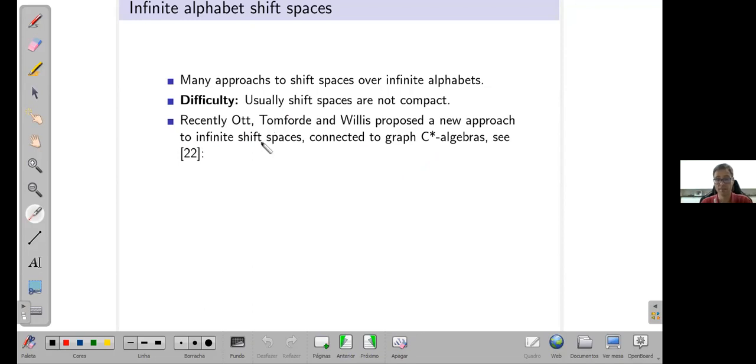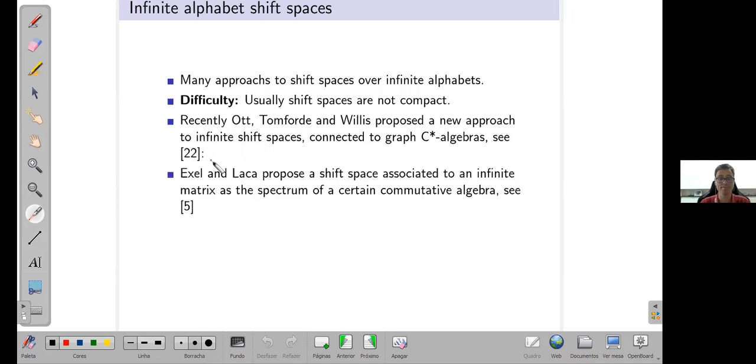Maybe there's one that's more adequate for one purpose or another. For C*-algebras, Toke has a recent paper that's very nice about algebras of shift spaces, but it's more in the finite alphabet setting. Just taking the product topology doesn't seem to recover the connections to C*-algebras. Ortega, Thomsen, and Willis have an approach that's connected to graph C*-algebras. It's a very nice paper where they introduce these shift spaces, and in their definition it's compact.